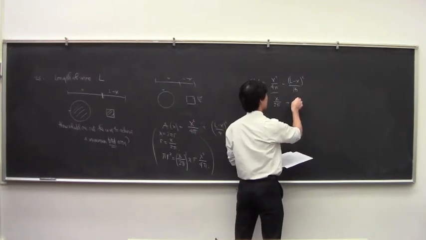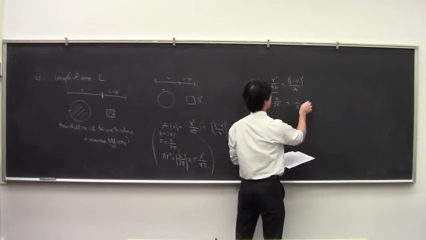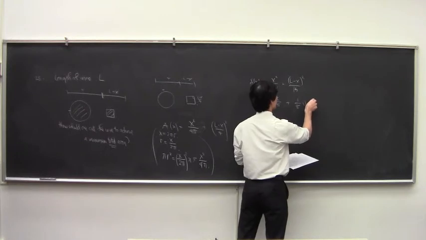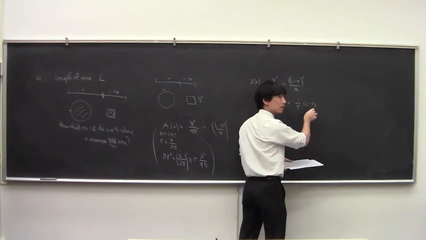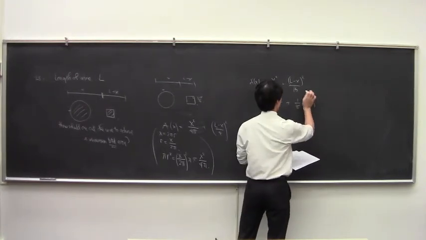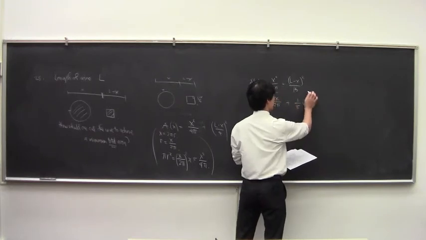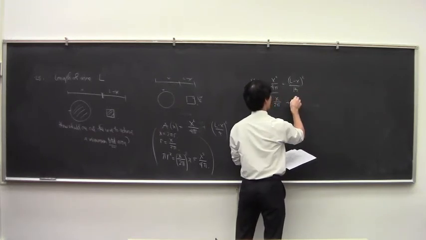And then over here you get what? You get 1 over 8 times L minus x times negative 1, so let me write that as x minus L over 8.